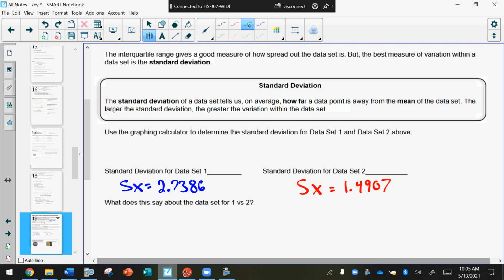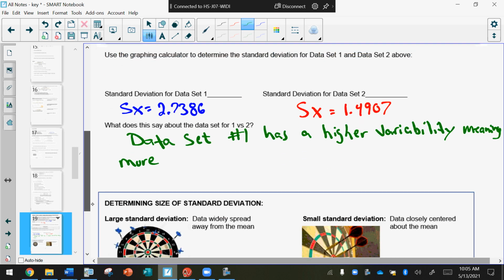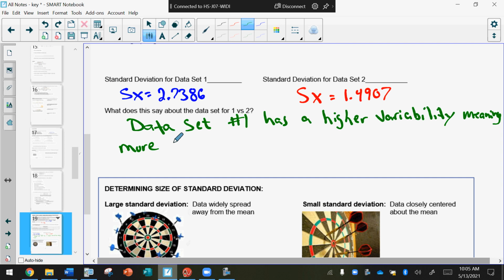What does this say about data set number one versus data set number two? What this tells us is data set number one has a higher variability. That means more scores are further from the mean.